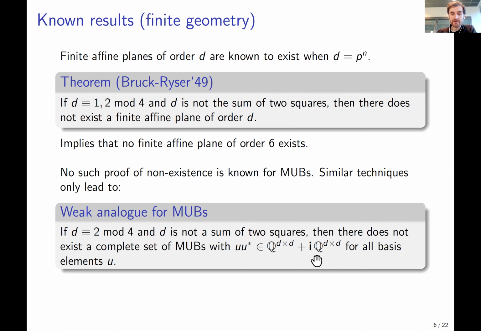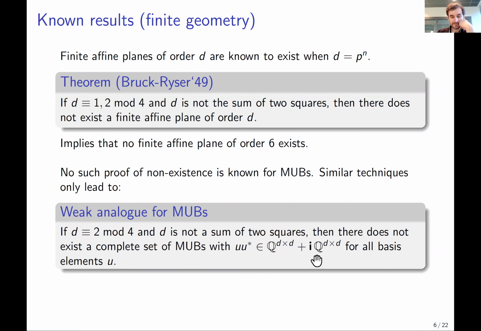But because these rational numbers are dense, can't you say that by taking the limit it also eliminates the algebraic numbers, or it doesn't work like that? I'm not sure, because it's really talking about exact mutual unbiasedness. I don't think it would be enough to have mutual unbiasedness up to a very tiny epsilon. Okay, thanks.